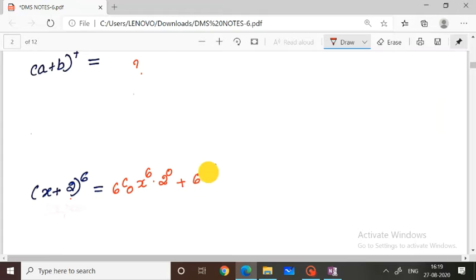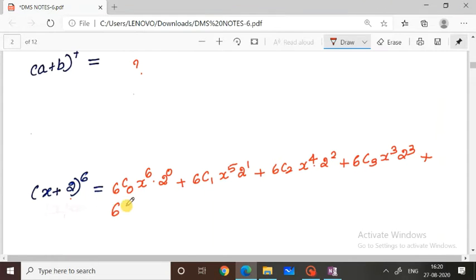Plus 6c1 x raised to 5 into 2 raised to 1 plus 6c2 into x raised to 4 into 2 square plus 6c3 x cube into 2 cube plus next term 6c4 x square 2 raised to 4 plus 6c5 x into 2 raised to 5 plus 6c6 into x raised to 0 2 raised to 6.